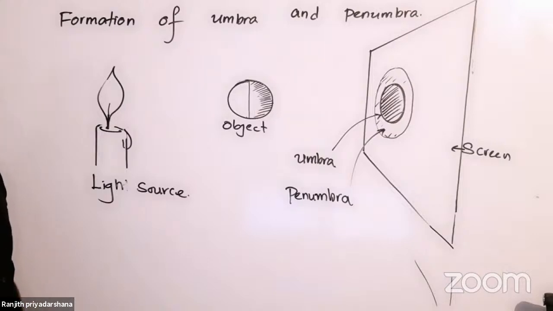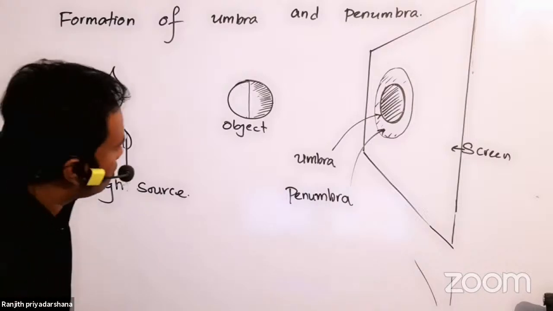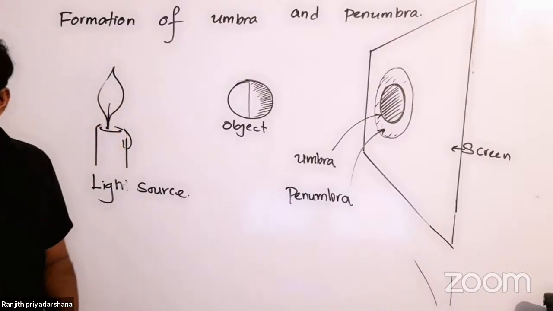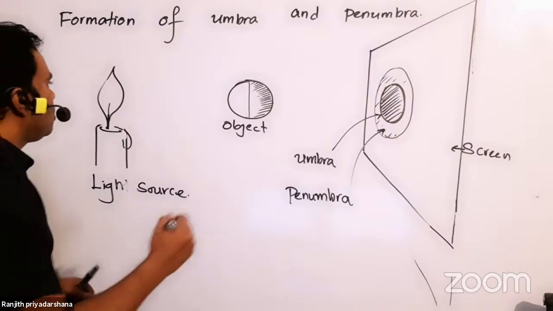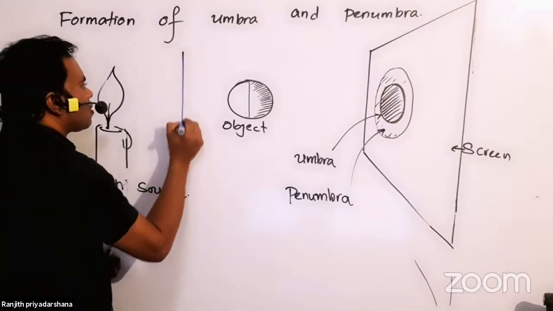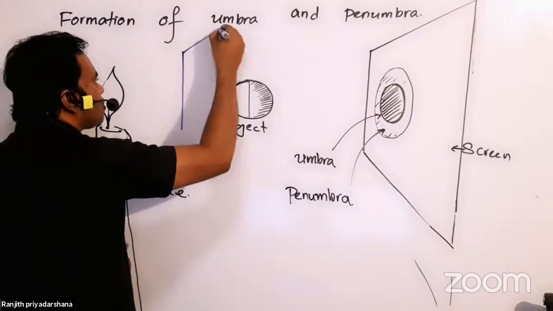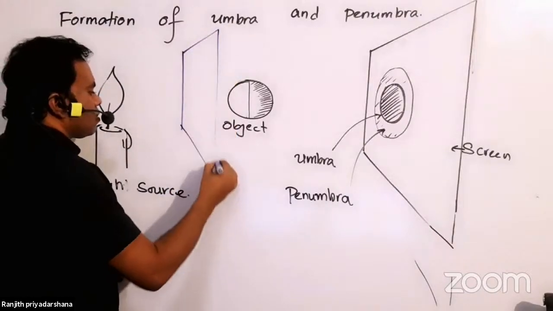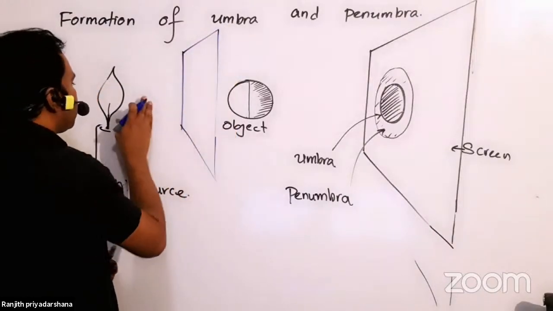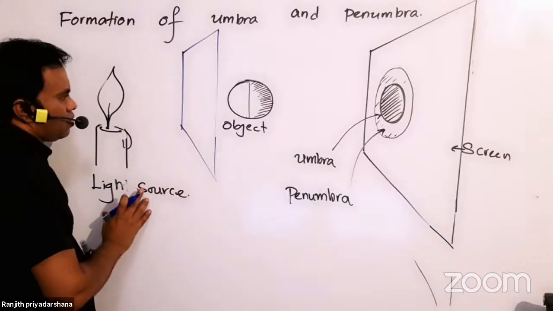Okay, in activity 9.2, there's a series of activities. In this activity 9.2, you can see we put transparent glass in between the object and the light source.